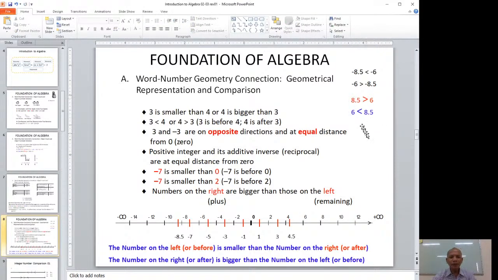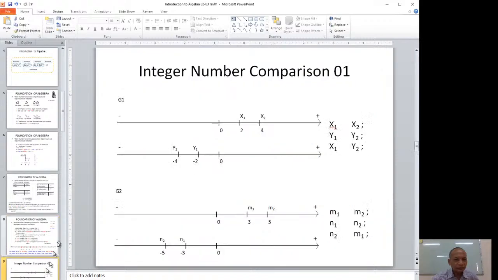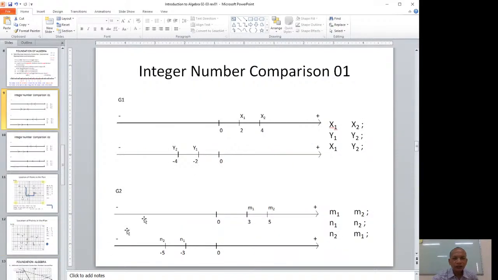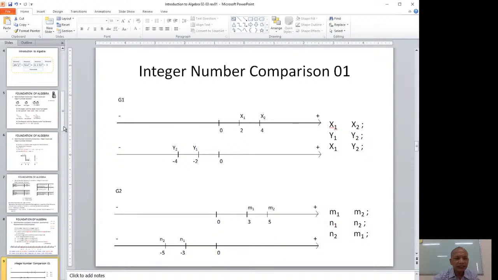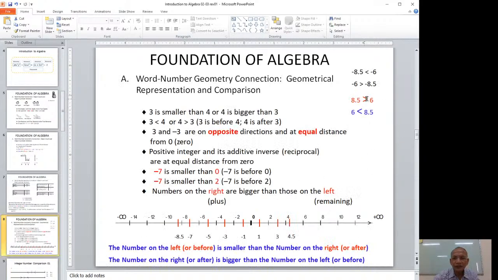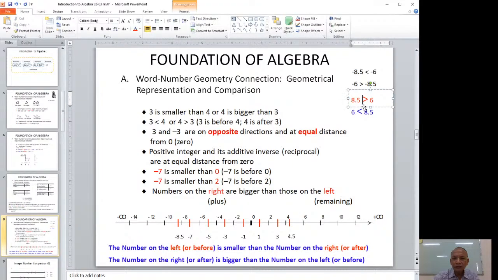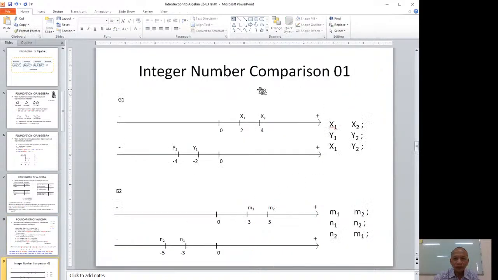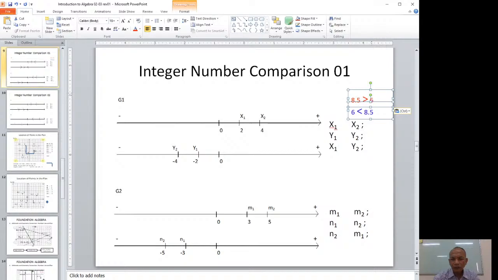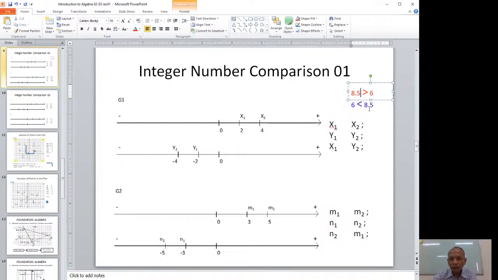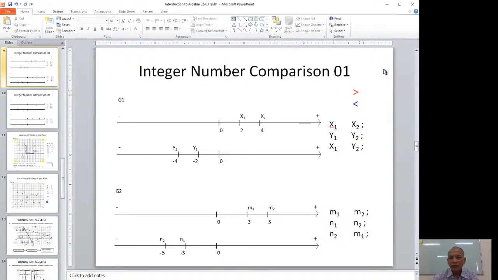So you understand, you remember now. Here is a test for everyone: which symbol to place here, bigger or smaller.